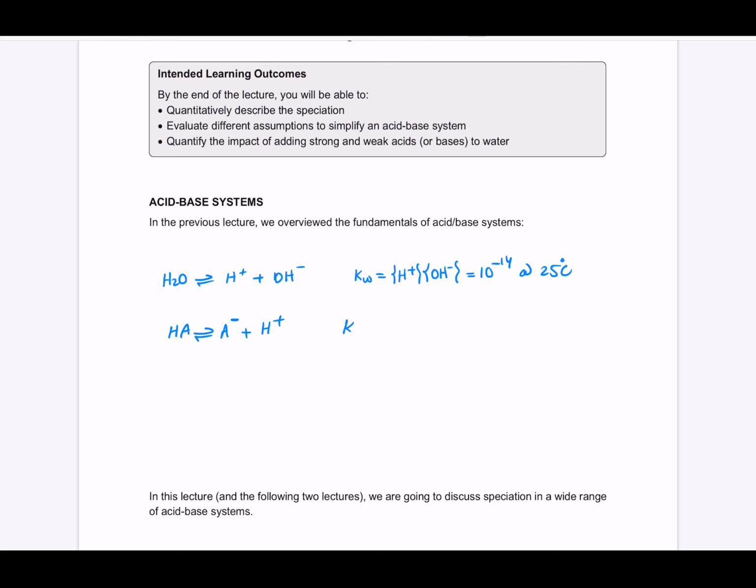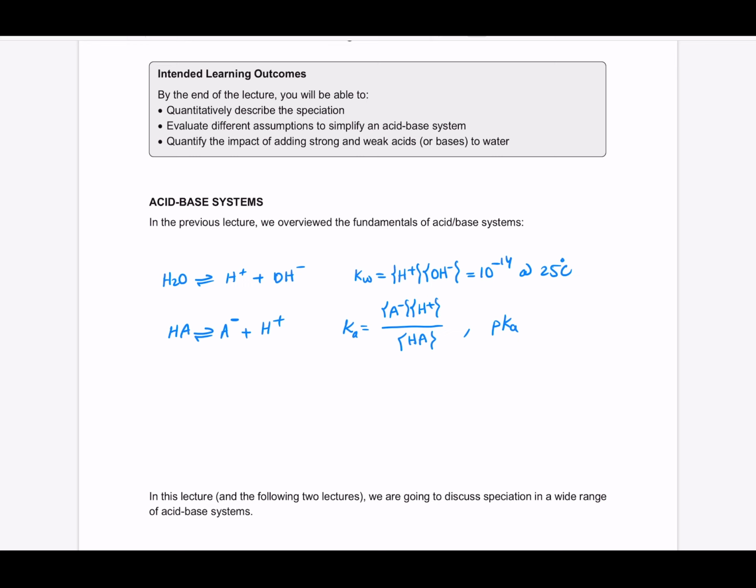And then the K value for this reaction, we designated the special Ka for the standard reaction. As always, the activity of the product over the reactant. And most of the time we were using pKa, which is easier to work with.